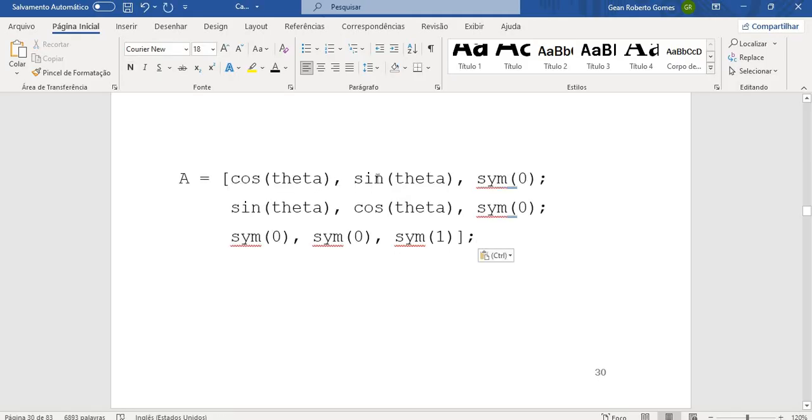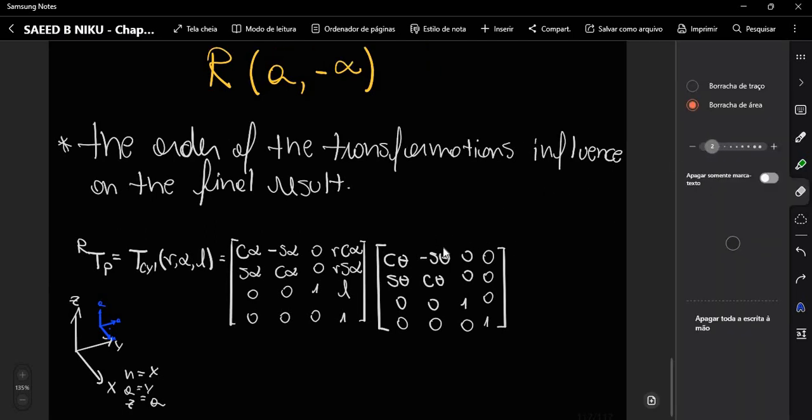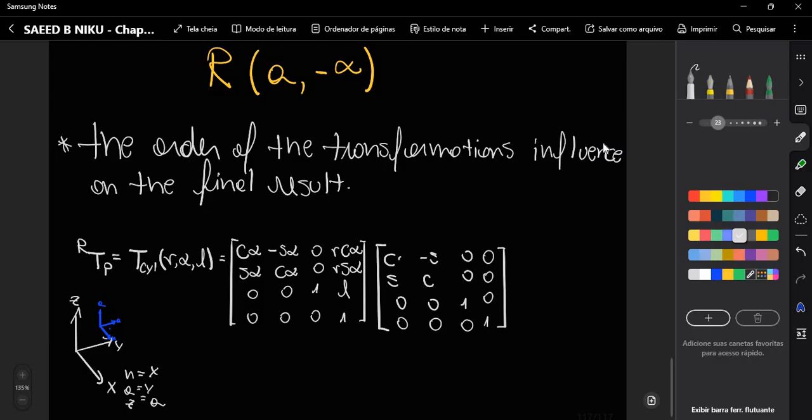So it's cosine of theta minus sine of theta. Let's see. Actually, it's alpha. Again, I'm committing this mistake. Right here is alpha. If you saw the last videos in which I used theta, it's alpha. I only changed theta to alpha because I copied the characteristic matrix and recycled its content.